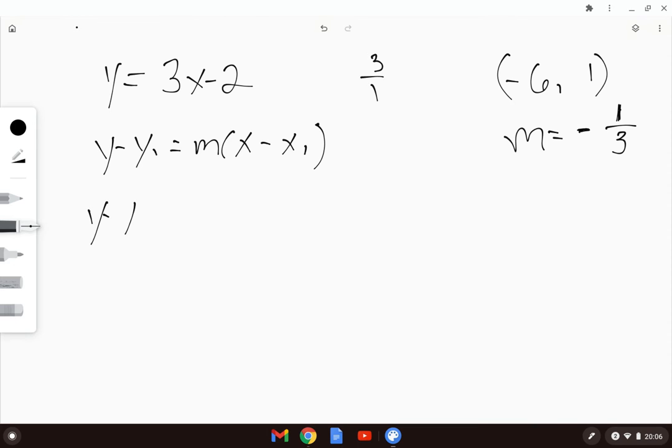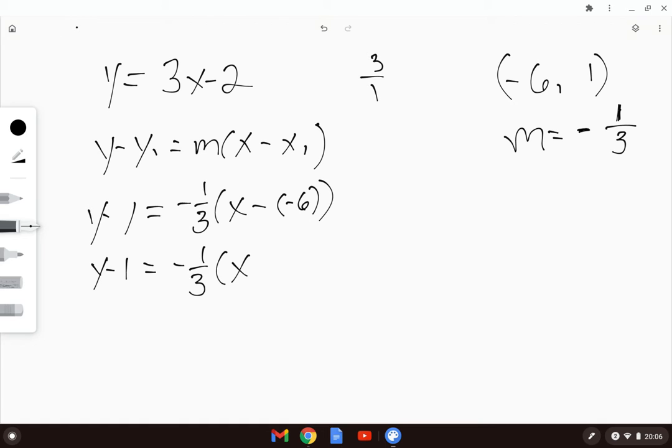So y minus y1 equals negative 1/3 times x minus negative 6. So if we clean that up, 2 negatives make a positive. Then I'll distribute.